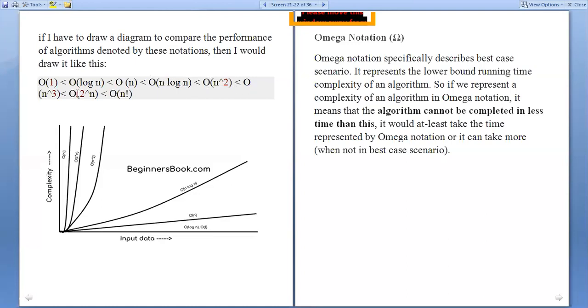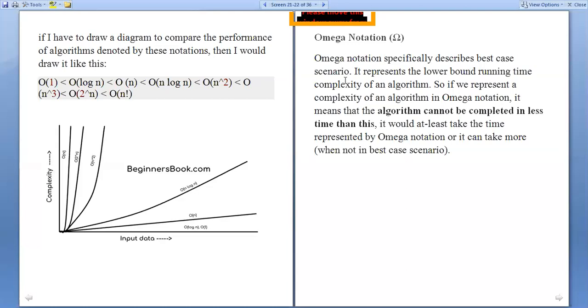Less than O of n cube. Less than O of 2 power n, which means exponential time. O of n factorial takes years of time. So always we select the algorithms which take less time, that is maybe O of 1, O of log n, O of n, O of n log n. These are the curves representing the growth rate of these functions.